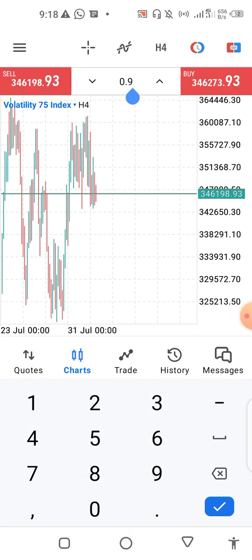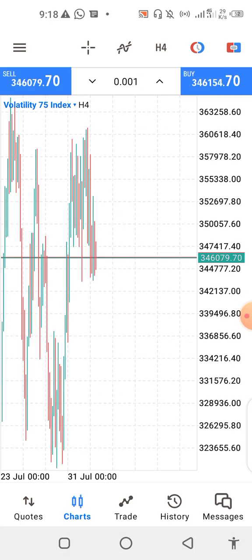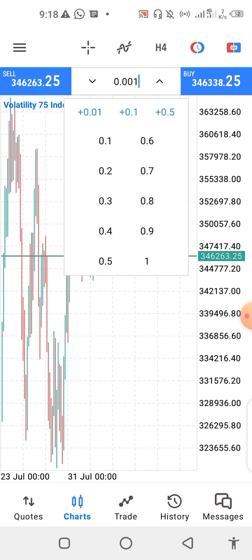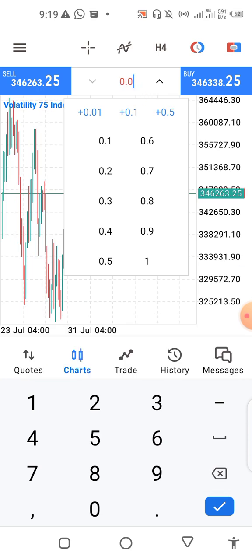Remember, if your capital is around $5 to $50, set your lot size to 0.001. That's the smallest lot size. From 50 to 100, I advise you set it to 0.01.